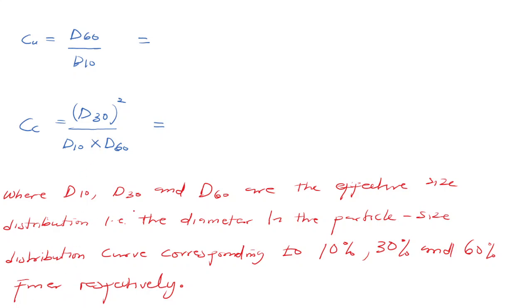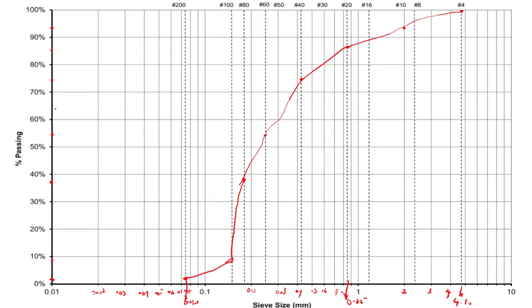D10, D30 and D60 are effective diameters, that is the diameter corresponding to 10%, 30% and 60% finer respectively. So you come to your graph to get your D10, you say this is 10%.